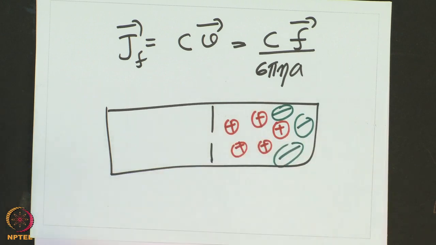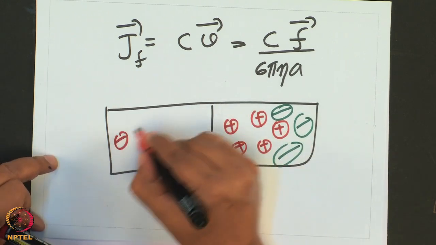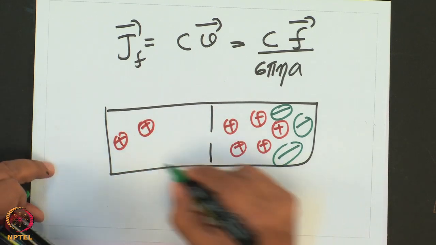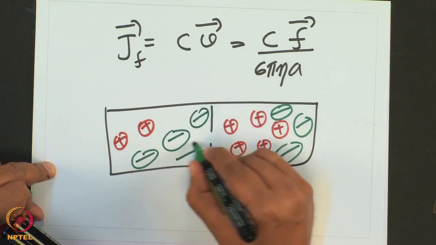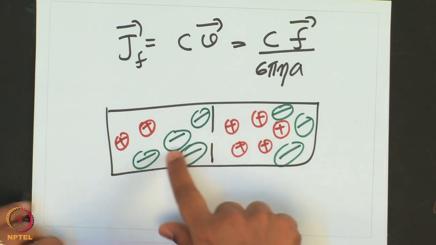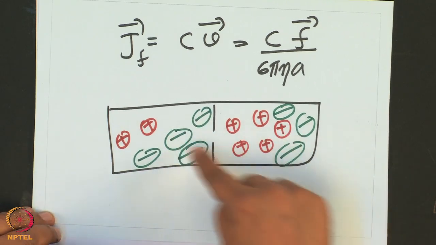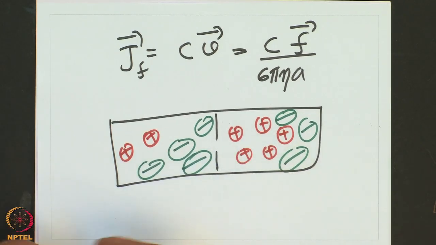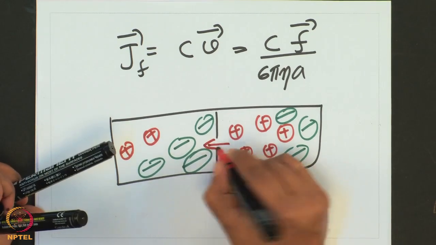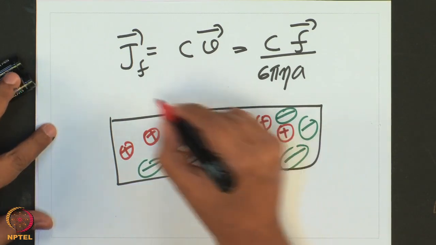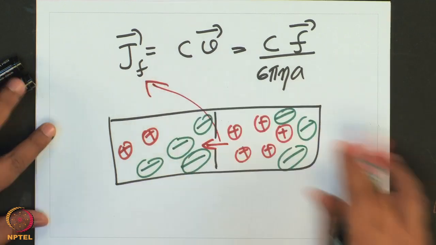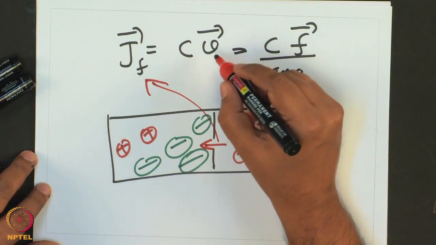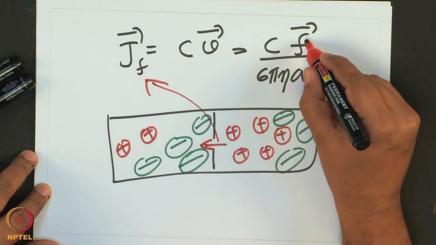They only indicate some concentration, and there will be some other number here, which only indicates that there are more negative charges on this side and more positive charges on this side, and these positive ions will be pulled in this direction. That flow is this JF. This flow will be C, the concentration on this side, times the velocity, and the velocity will depend on the force.